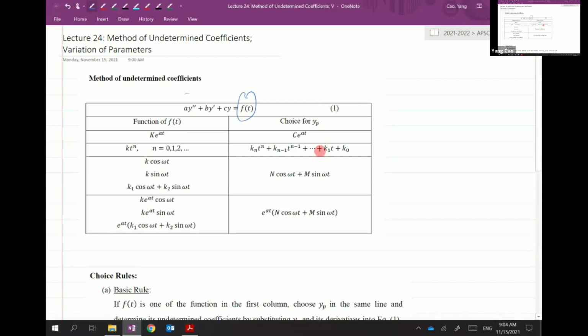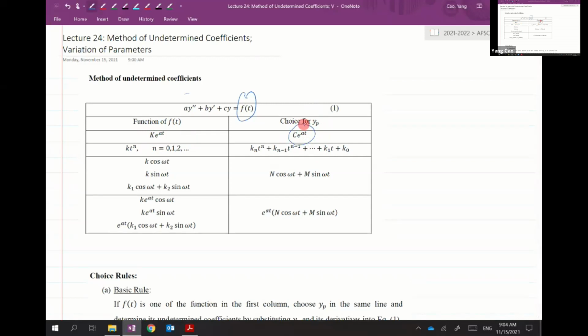So let's get back to the lucky guess approach. As the table suggests, if your f of t takes the format of an exponential function, then your choice for the particular solution will be in this format. That's your YP.